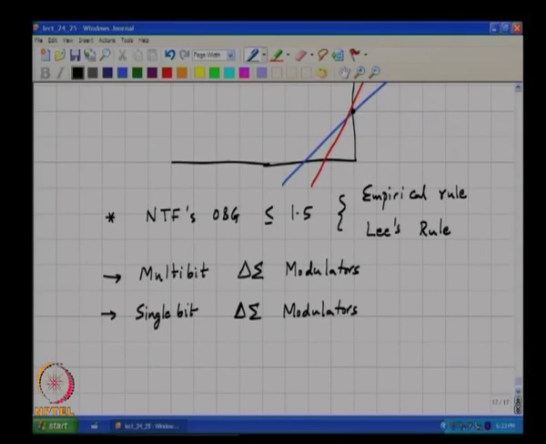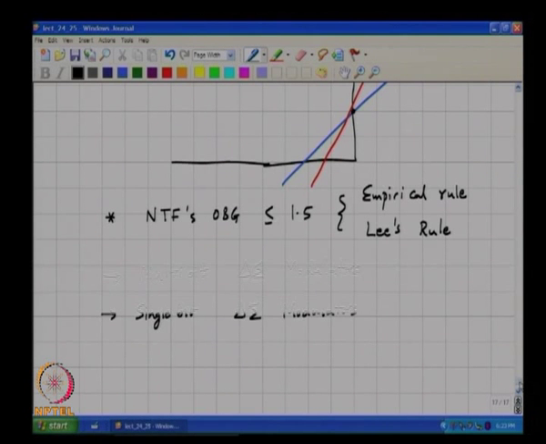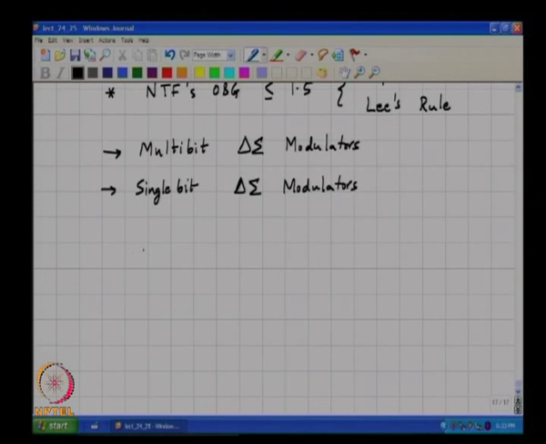Now, so let us try and see what are the motivations for going to single bit, apart from the fact that the quantizer implementation is simple, you understand.